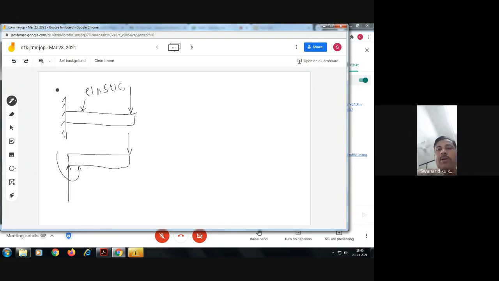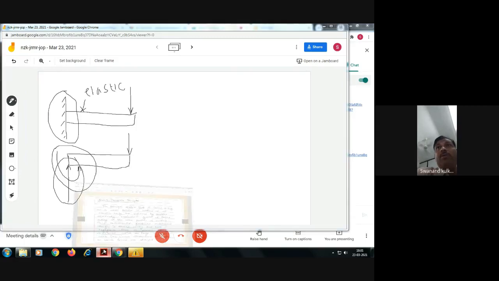So this support is redistributed by these two kinds of support. For that, we have used one couple and one upward force. Is it okay? So couple and upward force both are the redistribution of this support system.